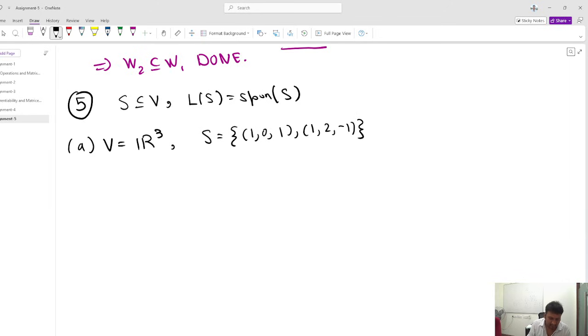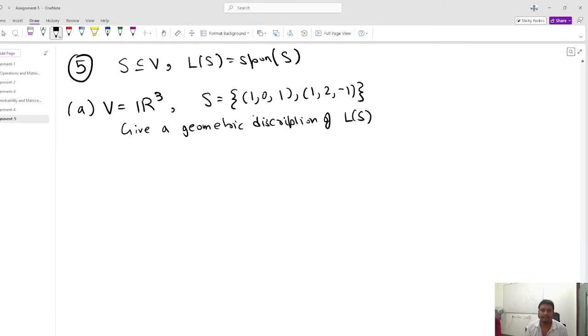Okay, so what you are asked is to give a geometric description of LS, the span of S. Now guys, to do it, let's understand these vectors better.